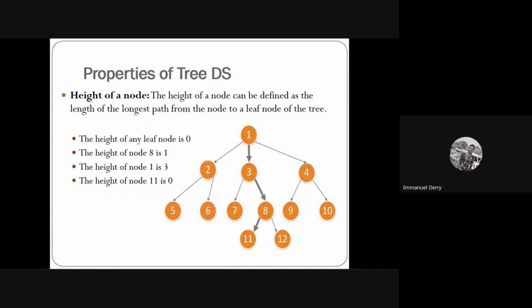What I'm saying is that it depends on the node you are given.